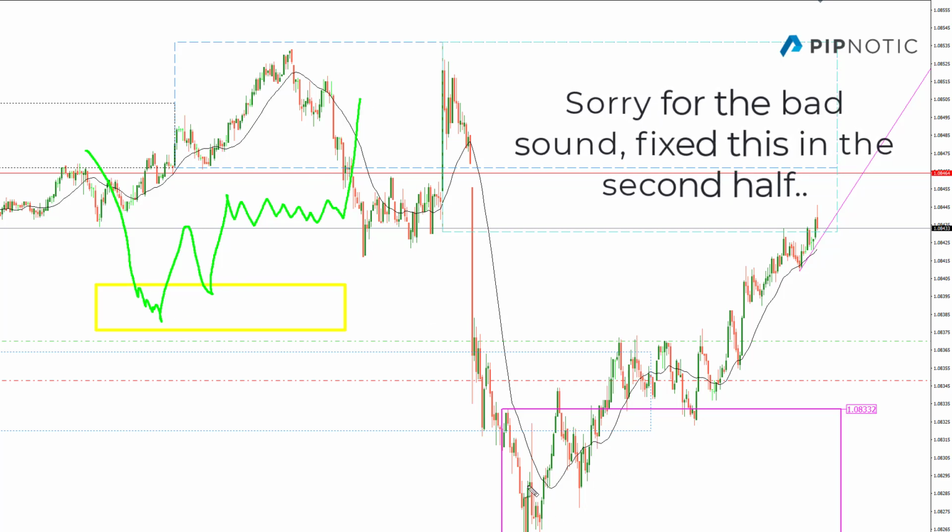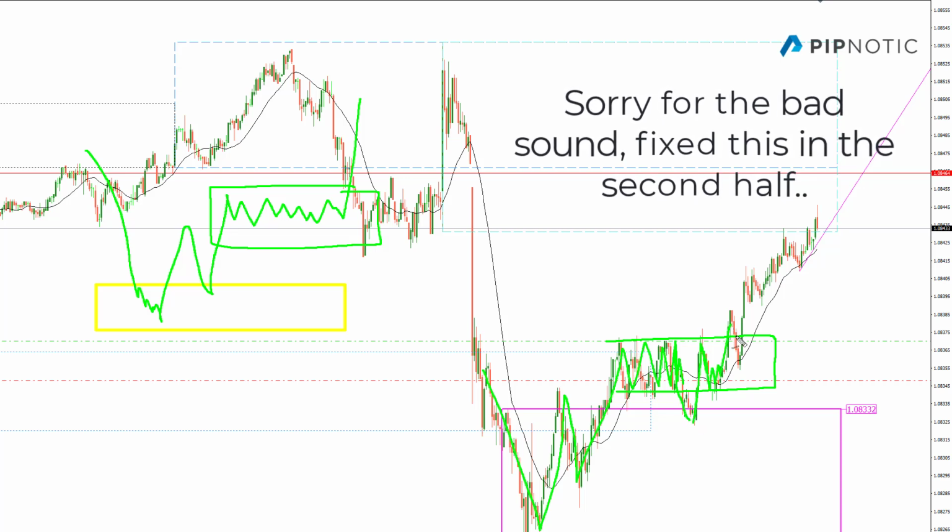What we've got is something similar: price moves down, we move away, move down, we move up, we move sideways, and then in this little zone here, you can see that this has moved out and then back into the zone, and then they left.